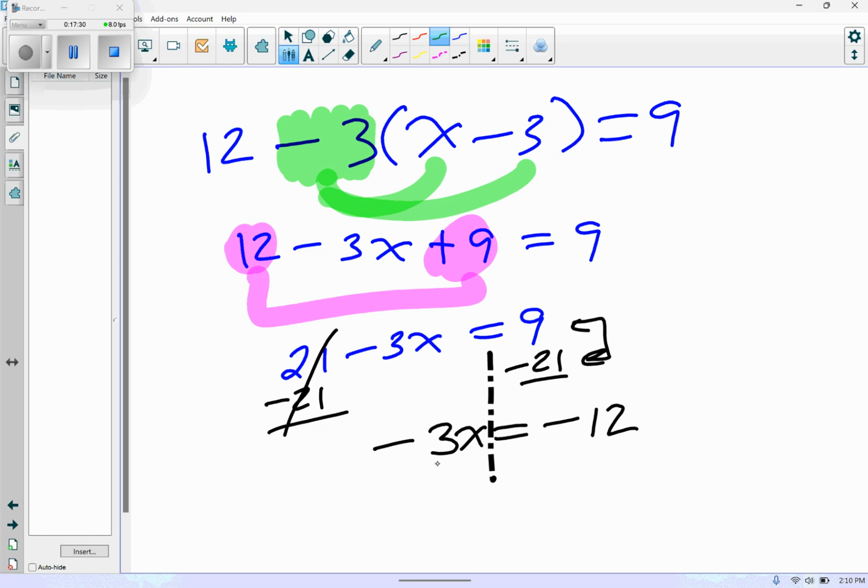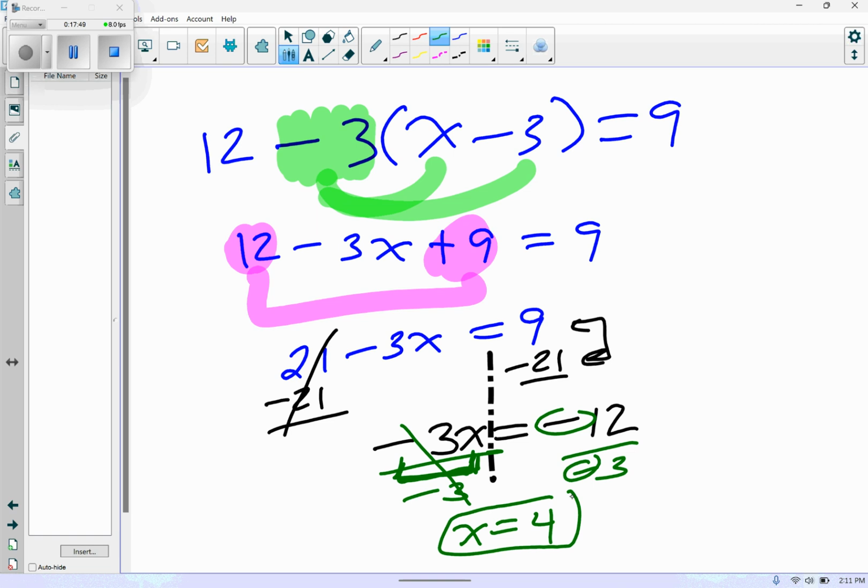Now, how are these being held together? Multiplication. So I'm going to divide both sides by -3, and I get a positive because a negative over a negative is positive. 12 over 3 is just 4. So that kind of monstrous event is just going to give me an answer of 4.